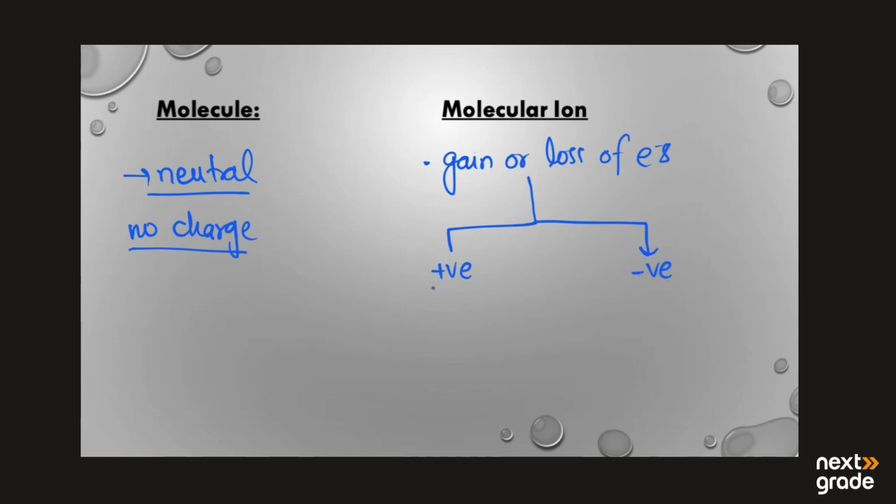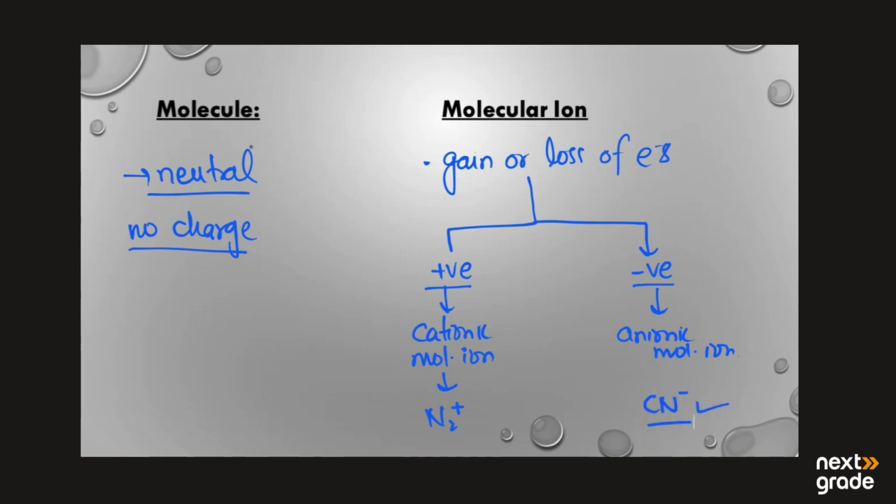When it has a positive charge, it is known as a cationic molecular ion, and when it has a negative charge, it is known as an anionic molecular ion. For the cationic molecular ion, we have an example like nitrogen with a positive charge, and for the anionic molecular ion, we have cyanide as CN negative.